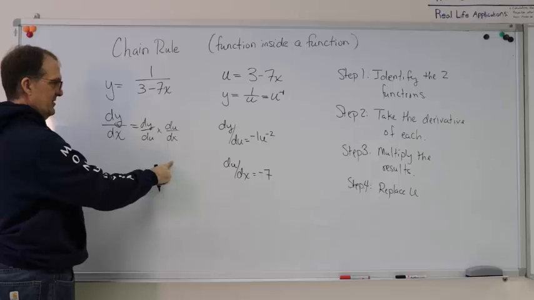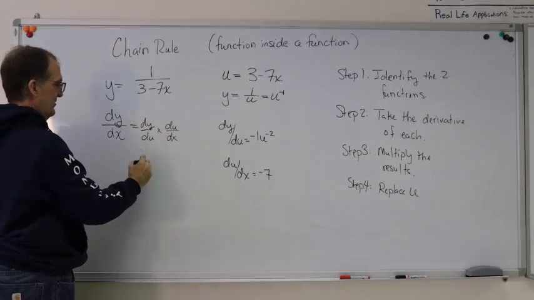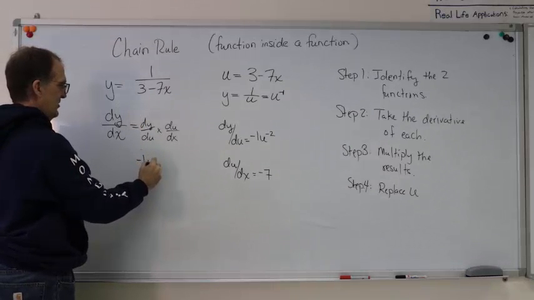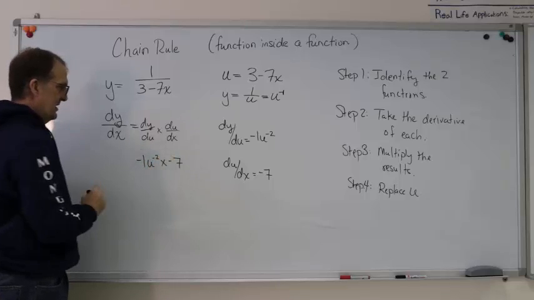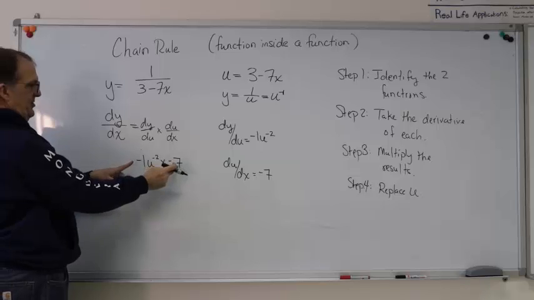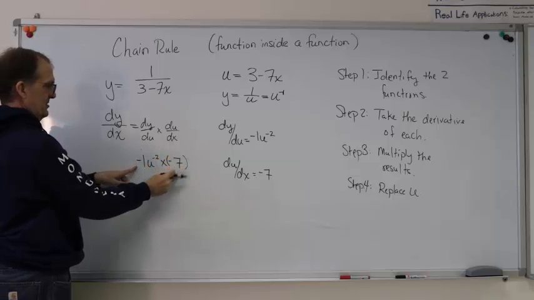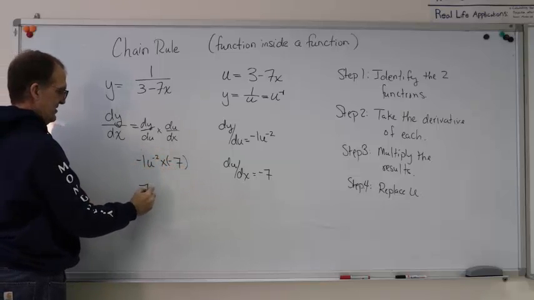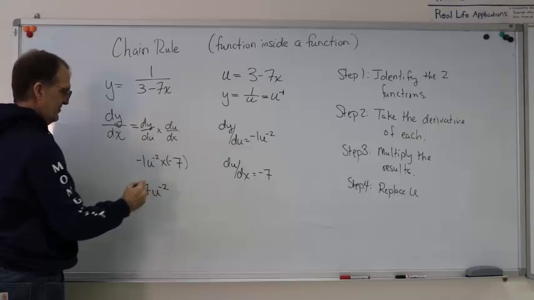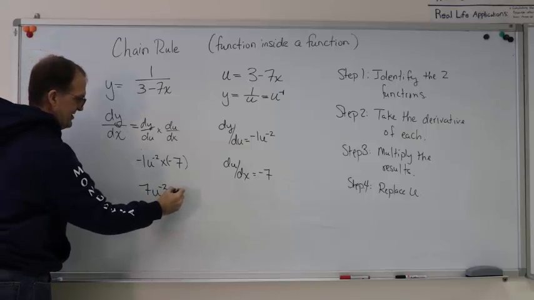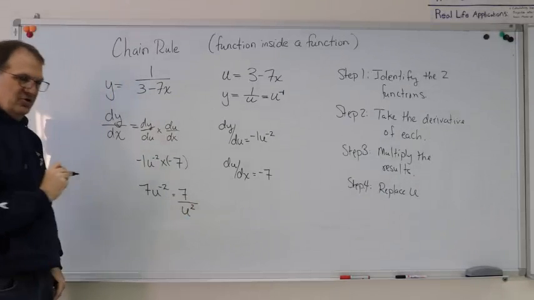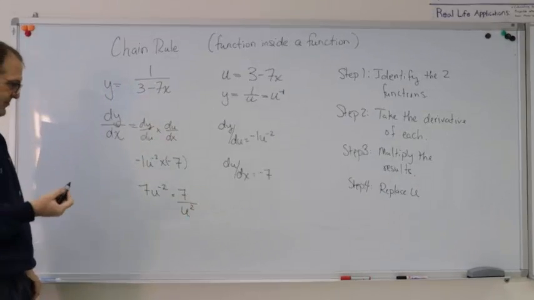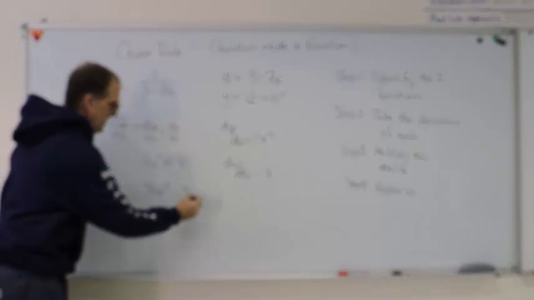And then now back over to my formula, which says negative 1, u to the negative 2, times negative 7. So my two negatives will make this just 7, u to the negative 2, which is 7 over u squared.